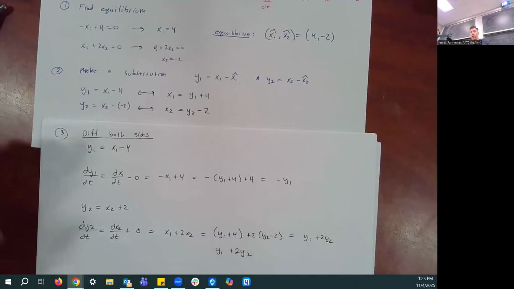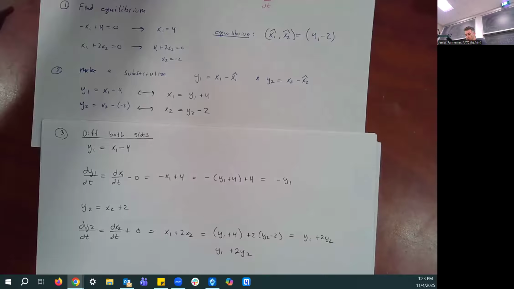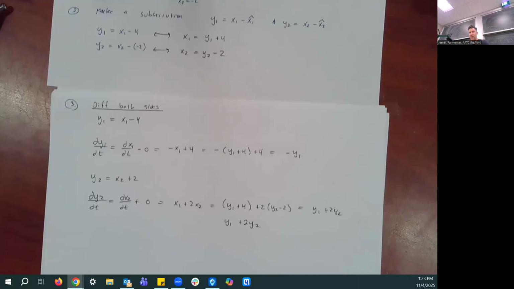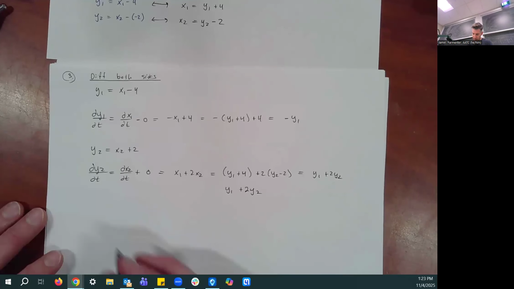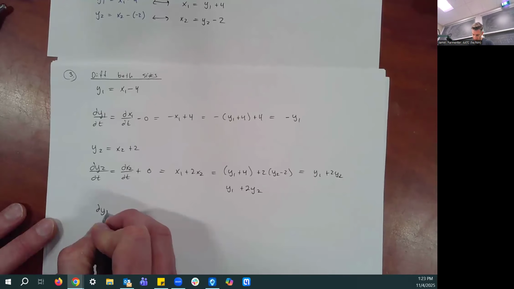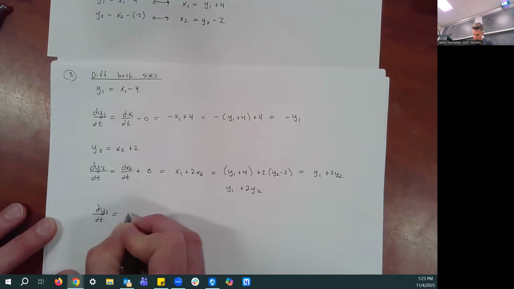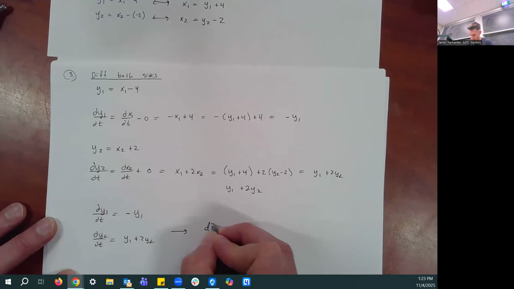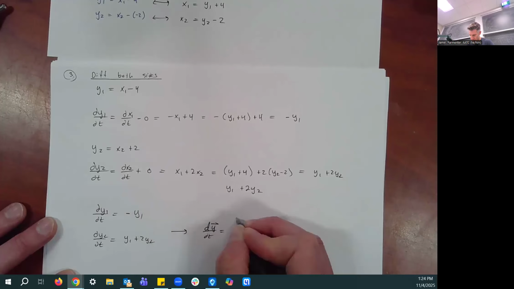Here's the point of all this. It tells us that our system of differential equations for the y's is exactly what we thought it was going to be. We have dy1/dt equal to negative y1 and dy2/dt equal to y1 plus 2y2, or as a matrix, dy/dt equal to the matrix negative 1, 0, 1, 2.